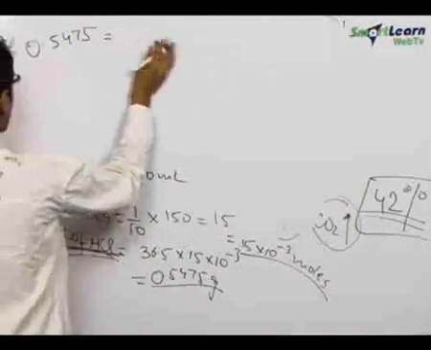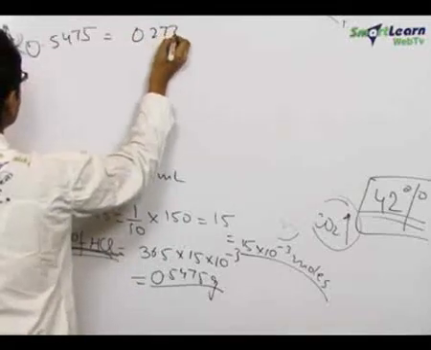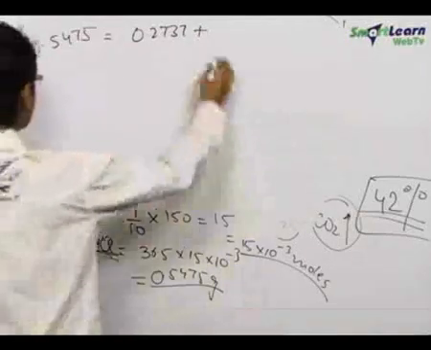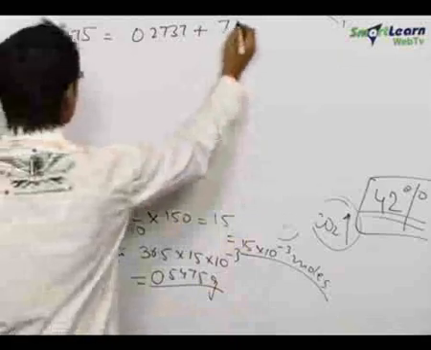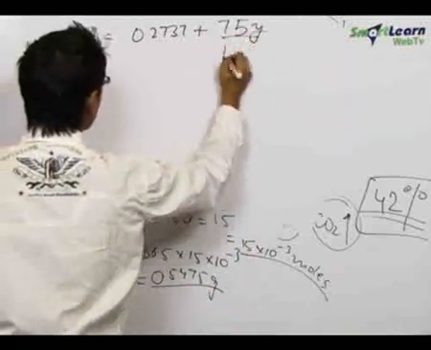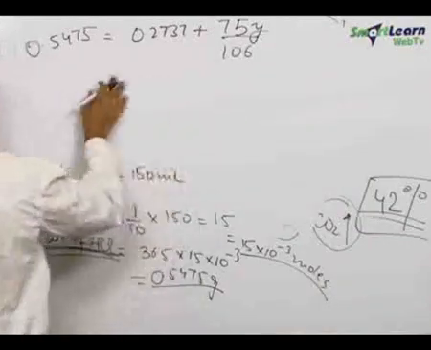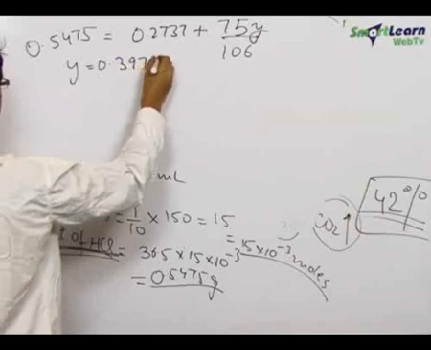This is equal to the amount of HCl utilized by NaHCO3, which is 0.2737, plus the amount of HCl utilized by Na2CO3, which we calculated earlier as 73Y upon 106. On solving this equation, we get Y equals 0.3975.